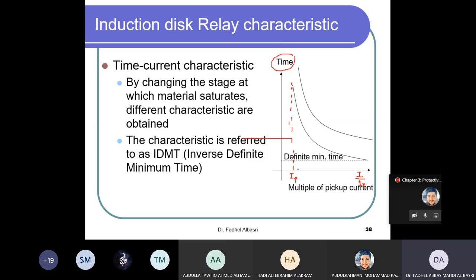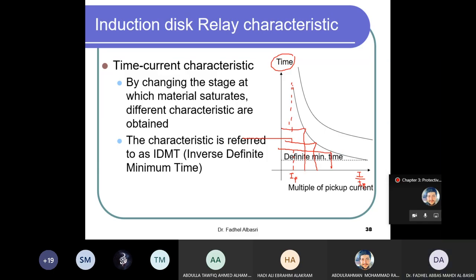For any value higher than the pickup, let's say this is set at 10 ampere and I apply 20 ampere, twice the pickup setting, then it will take, let's say, this operating time. If I take 3 times the current, the operating time is lower. So the characteristic is inversely proportional. The larger the current compared to the pickup setting, the smaller the operating time.